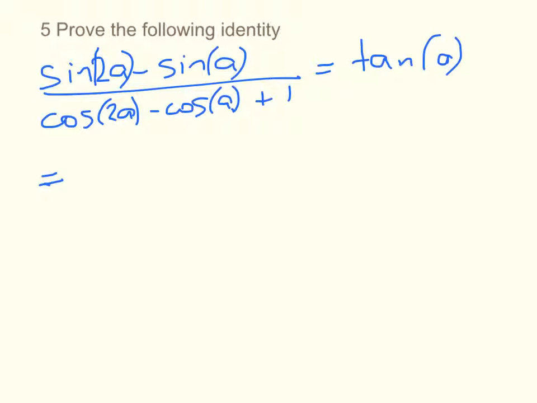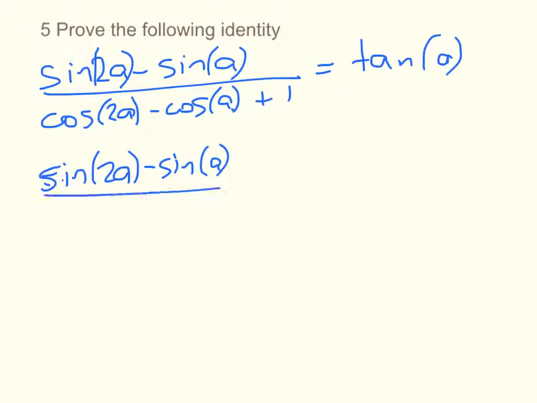I'll just tidy up my working a bit. So we start by writing out what we've got on the left hand side. So sine of 2a minus sine of a over cos of 2a minus cos of a plus 1.